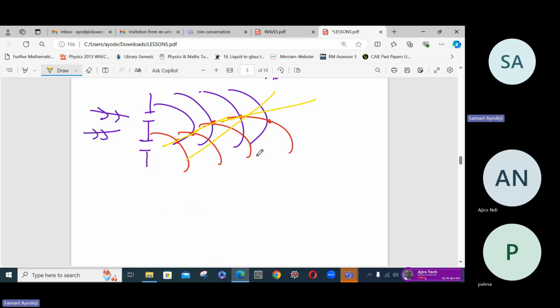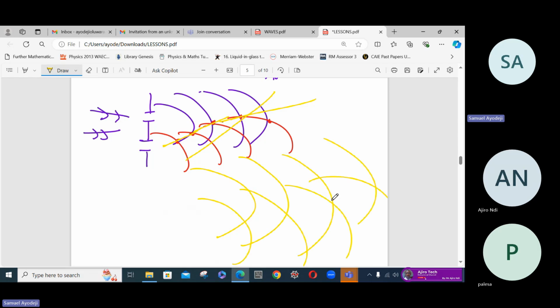They do not overlap. But where the lines are superimposed like this, that's constructive interference. Where they pass through without meeting, that's destructive interference.